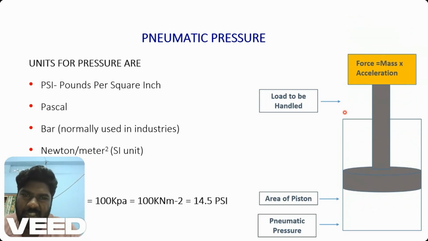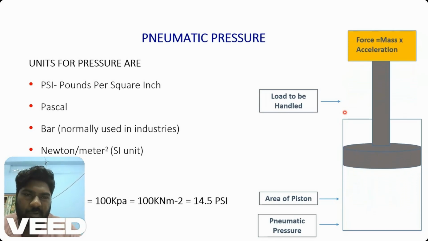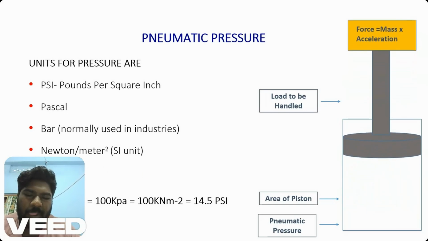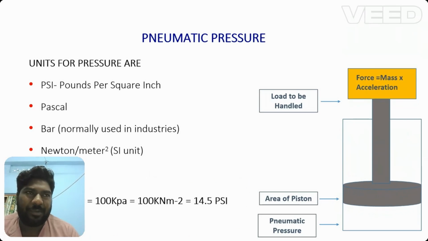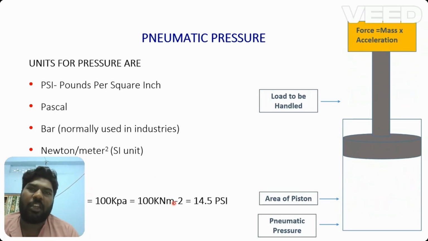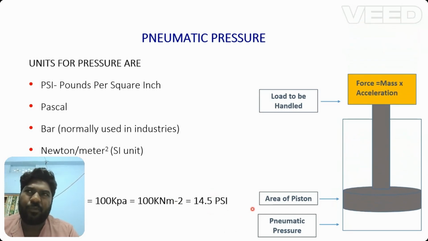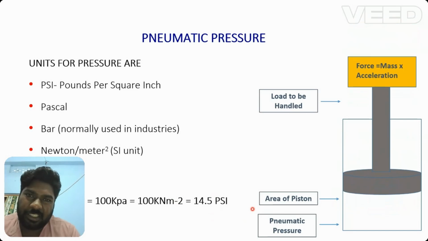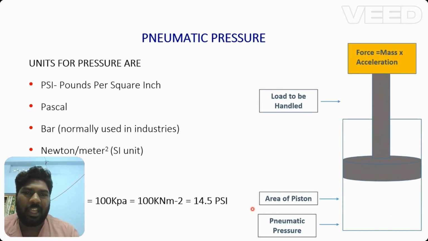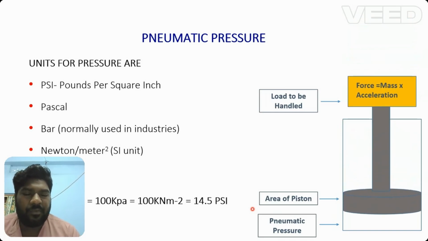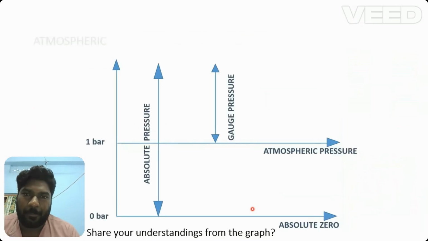We also have pascals and newtons per square meter. The relation between them is that 1 bar is 100 kilopascals, which equals 100 kilonewtons per square meter, which equals 14.5 psi. What we see in petrol bunks, which we use to inflate our tires, is PSI. In industries we use bar.